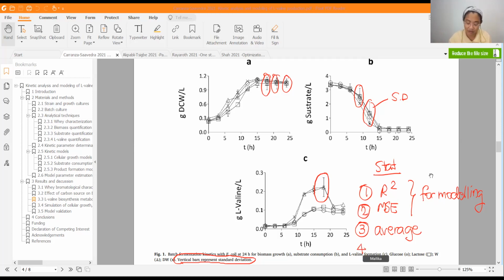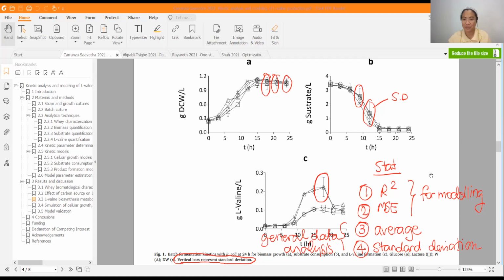So the fourth one is standard deviation. So this is for calculating what, for general data analysis. So this is up to this point only.